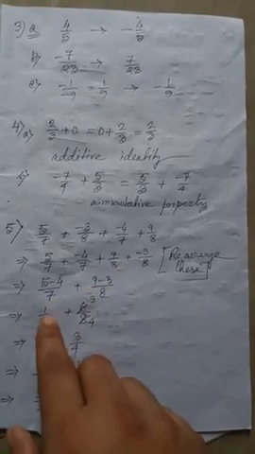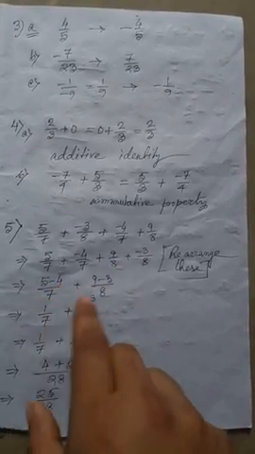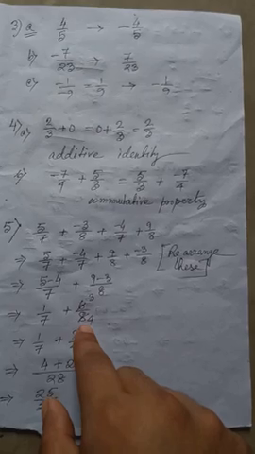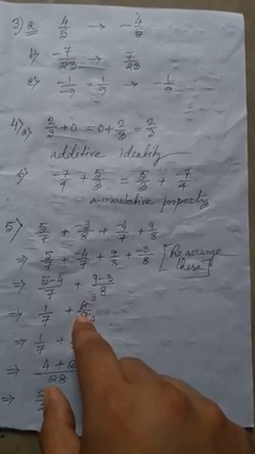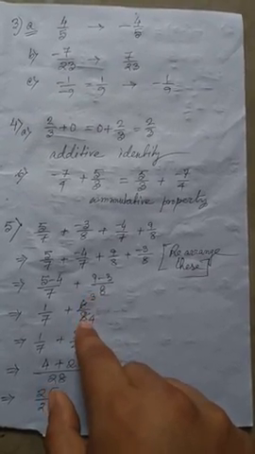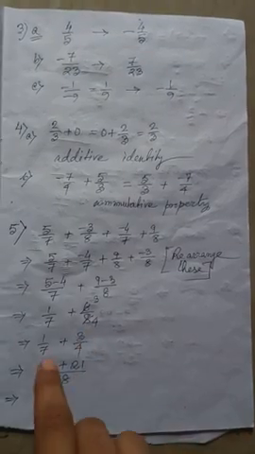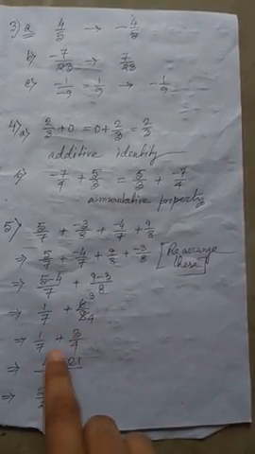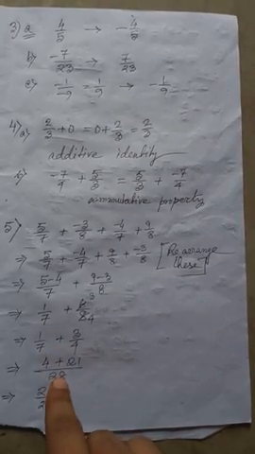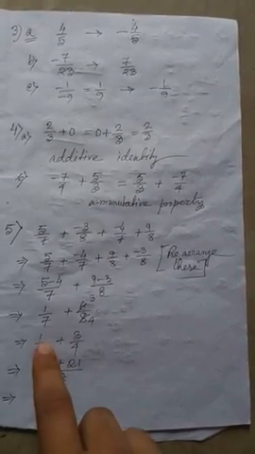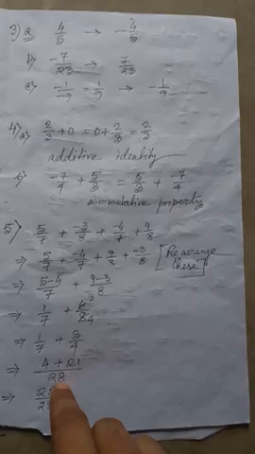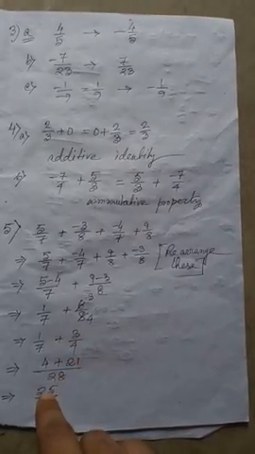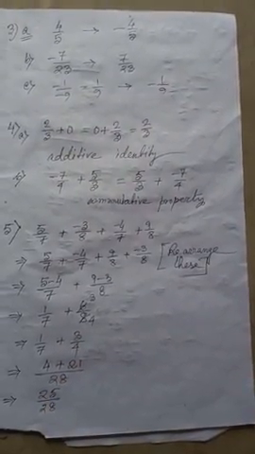So 5 minus 4 is 1 by 7, and 9 minus 3 is 6 by 8. After calculating, 2 times 3 is 6, 2 times 4 is 8, 3 by 4, and 1 by 7 plus 3 by 4. Where 7 and 4 have LCM 28. 7 times 4 is 28, 4 times 1 is 4, 4 times 7 is 28, 7 times 3 is 21. So it is 25 by 28.